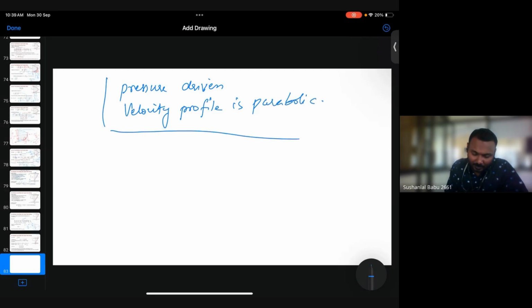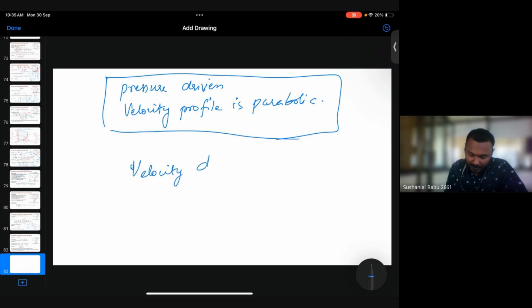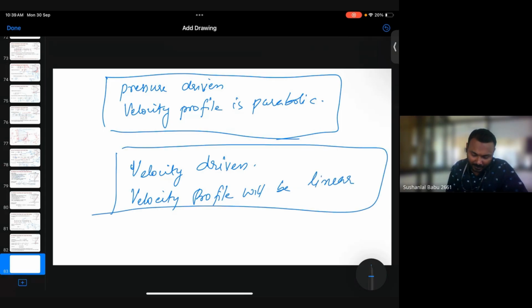Second one, Couette flow, is velocity driven, and the velocity profile will be linear. That is two different things.